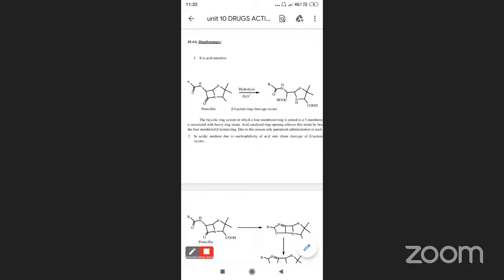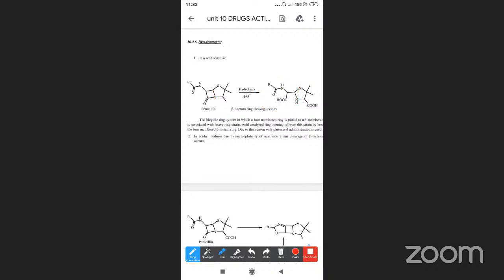You can see this particular acid reaction here. This is the beta lactam ring in the presence of acid, H plus. In the presence of acid this ring is going to cleave, and you can see the opening up. The opening of this beta lactam ring takes place, and the deformation, right?